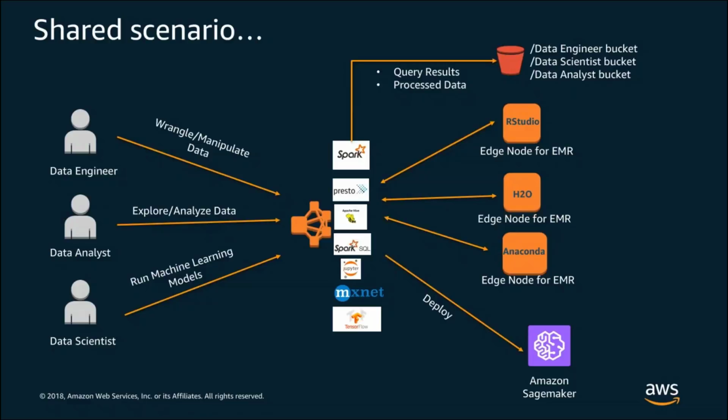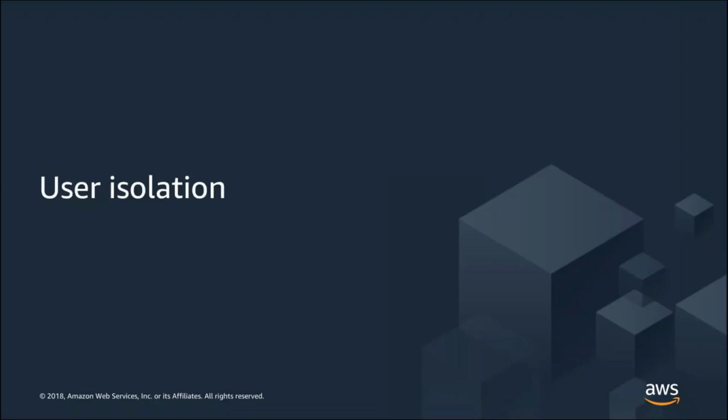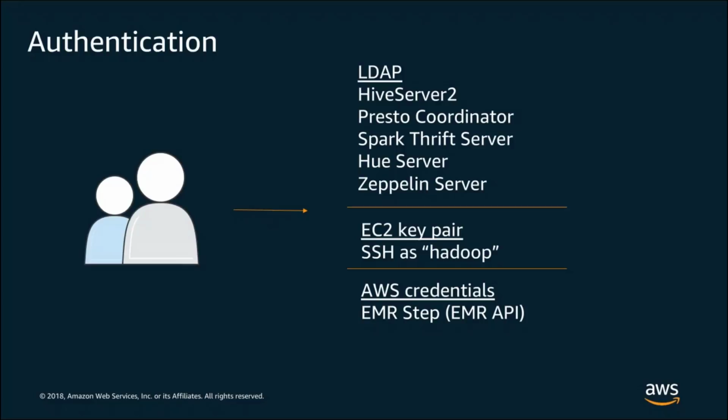Now, let's look at some of the strategies to address some of these concerns and how they are implemented in Amazon EMR, starting with user isolation. User isolation allows the admins to prevent users from viewing or accessing other tenants' data or their resources.